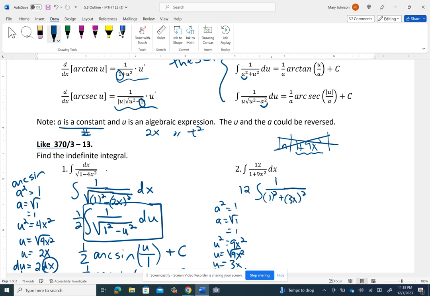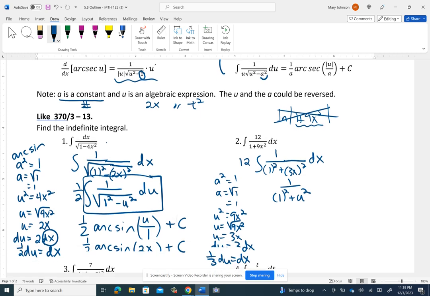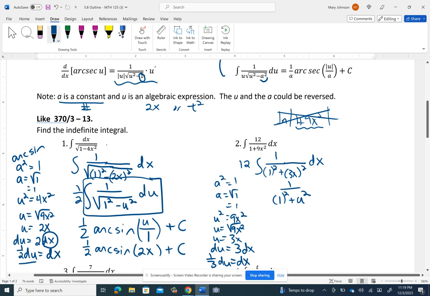And then I still have a dx at this point. But I'm about to make a substitution. So here I'm going to have my 1 squared plus my u squared. And then in place of the dx down here, dx is equal to 1/3 du. And I'm going to go ahead and move that 1/3 out in front like I did the 12.